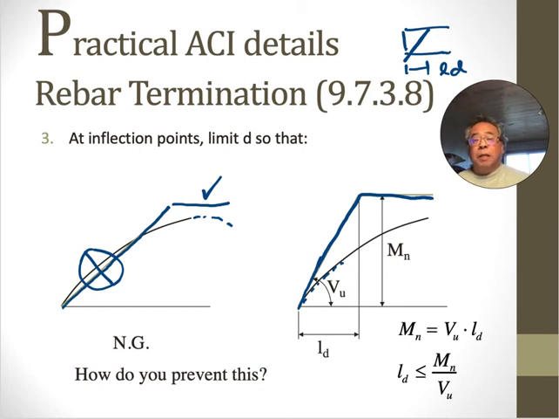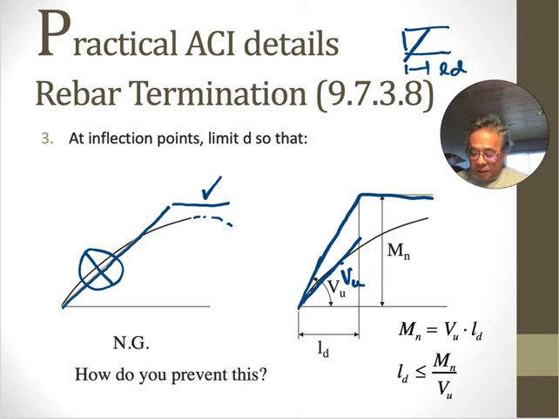And from elementary structures, you know that the slope of the moment diagram is the shear. So right here, this slope is VU, and the slope of the other diagram is MN over L.